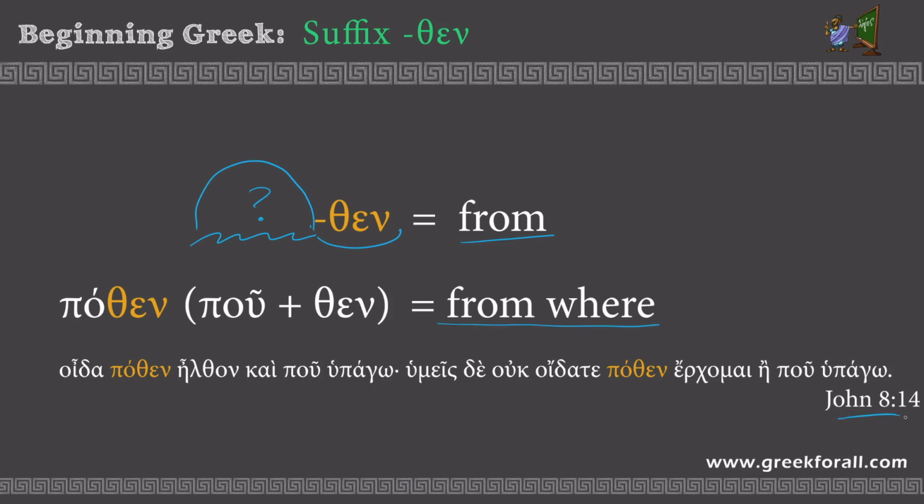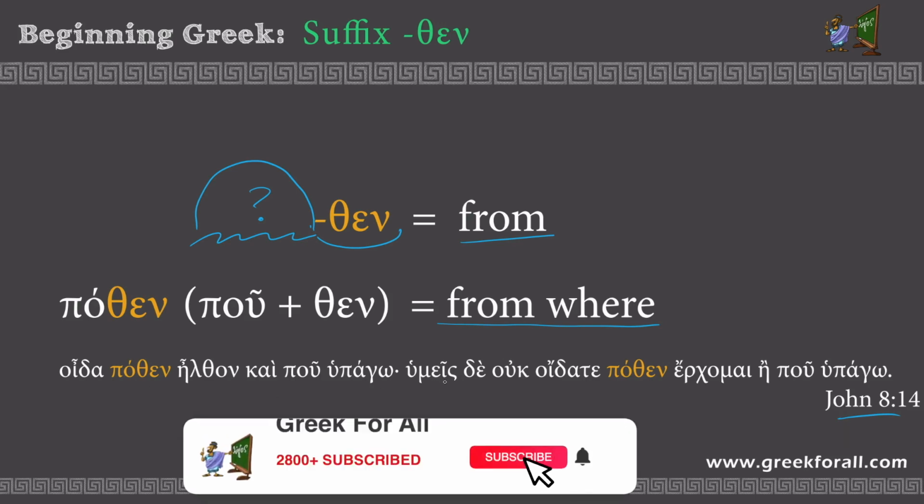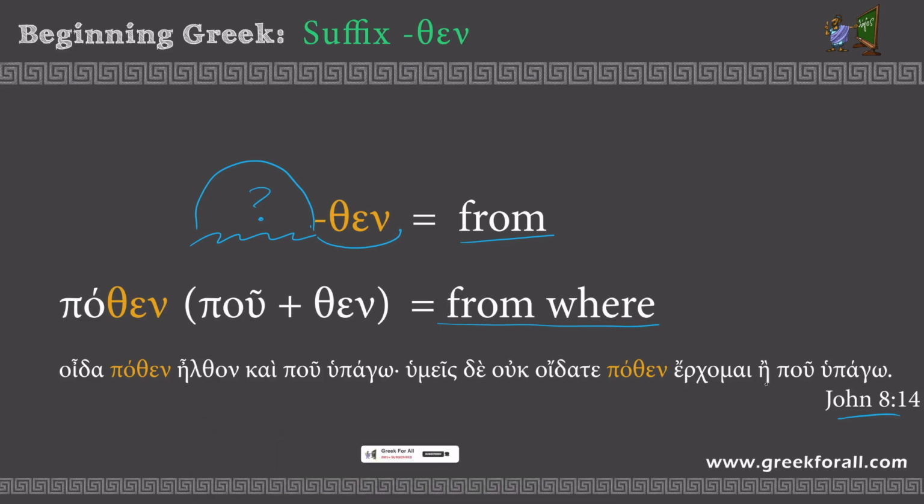Below is an example from the Gospel of John, chapter 8. Let's read. Oida pothen ēlthon kai pou hypagō, hymeis de ouk oidate pothen erchomai ē pou hypagō. So, I know from where I came and where I go.